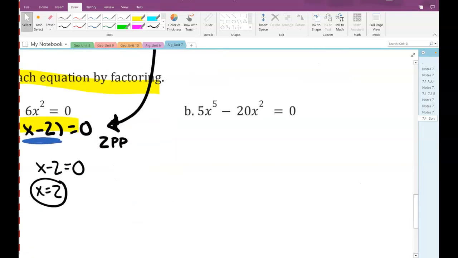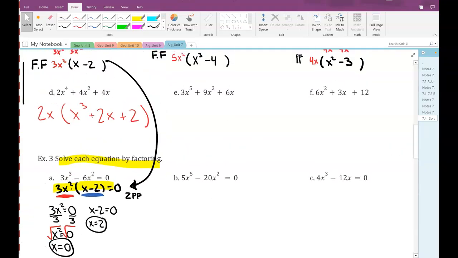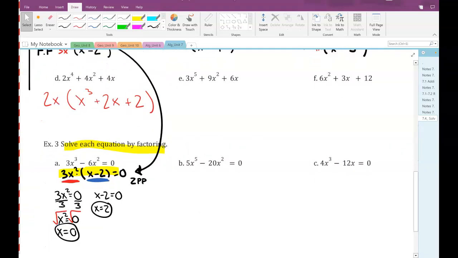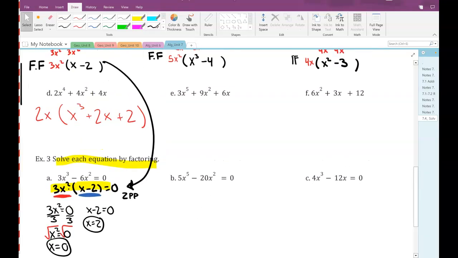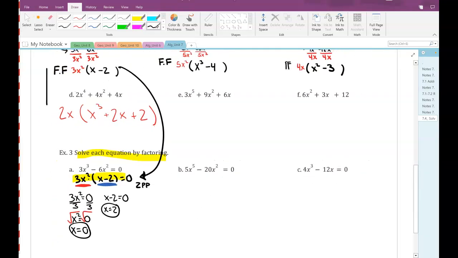All right, so the next one, we already have it in factored form too. What do we have it as? 5x squared times x to the third minus 4 is equal to 0.